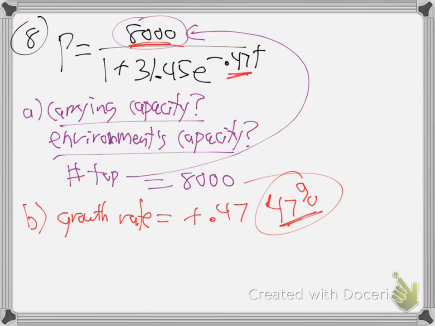Next question, they're going to ask, what's the initial amount? Part C, initial population. How many bacteria at first? How do we find out the initial amount for any math formula representing things in real life?